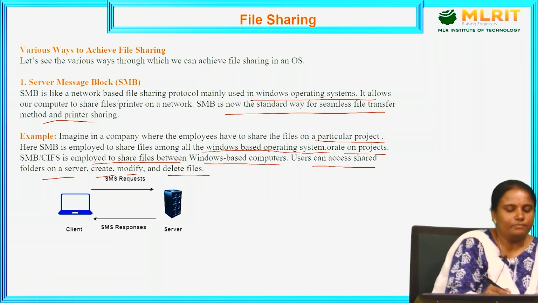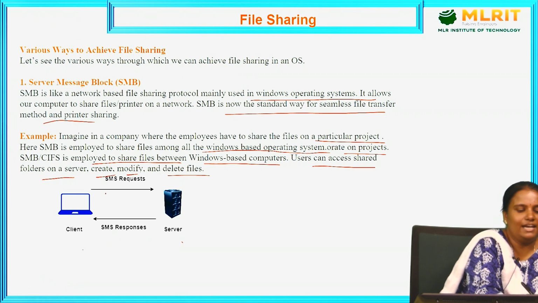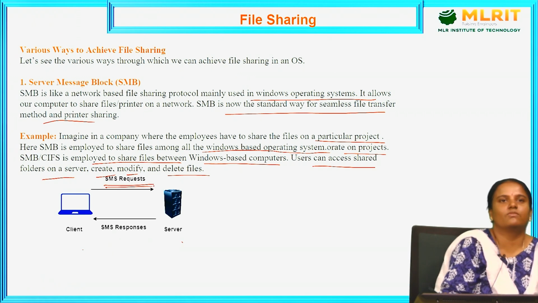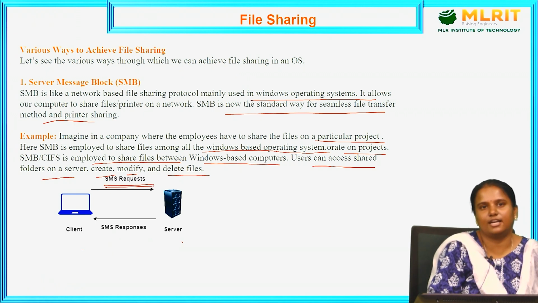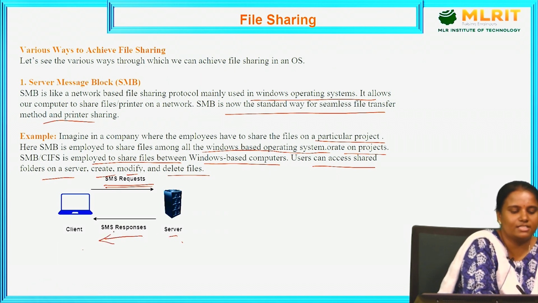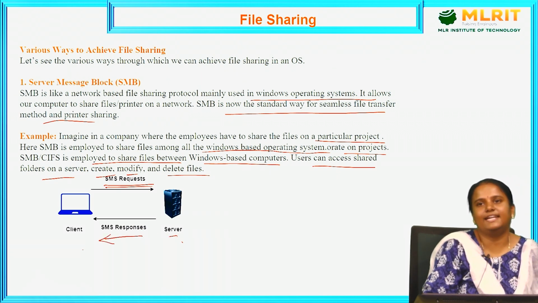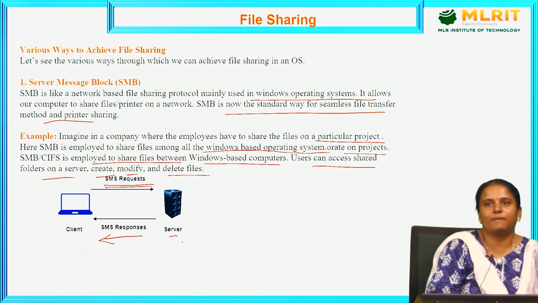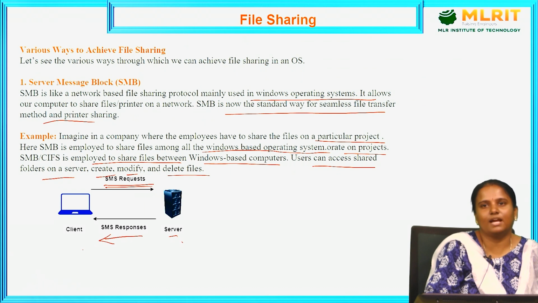Here, the client sends an SMB request to the server, and the server gives an SMB response. Maybe the client wants a particular file, or asks for an update on a project. The server does the update and sends the reply to the client. So this is how SMB works between client and server.